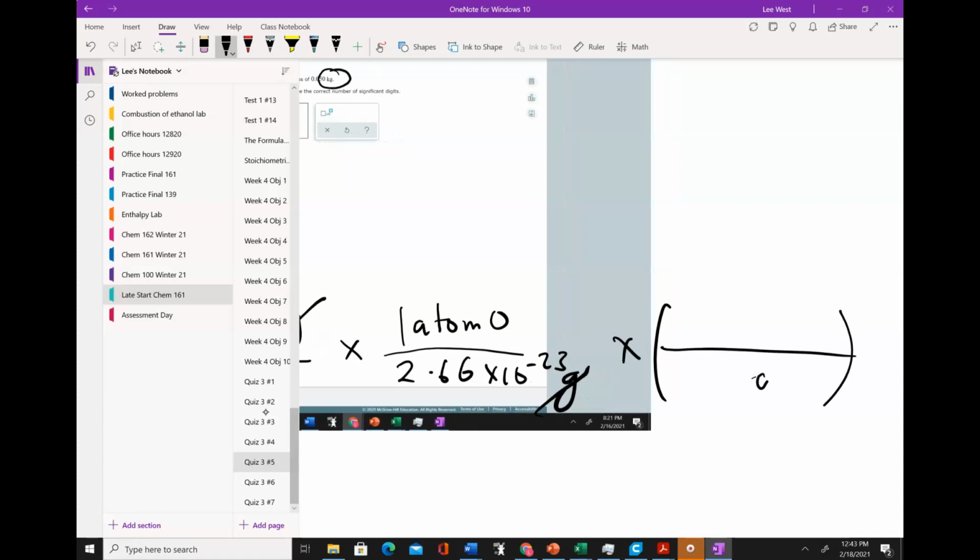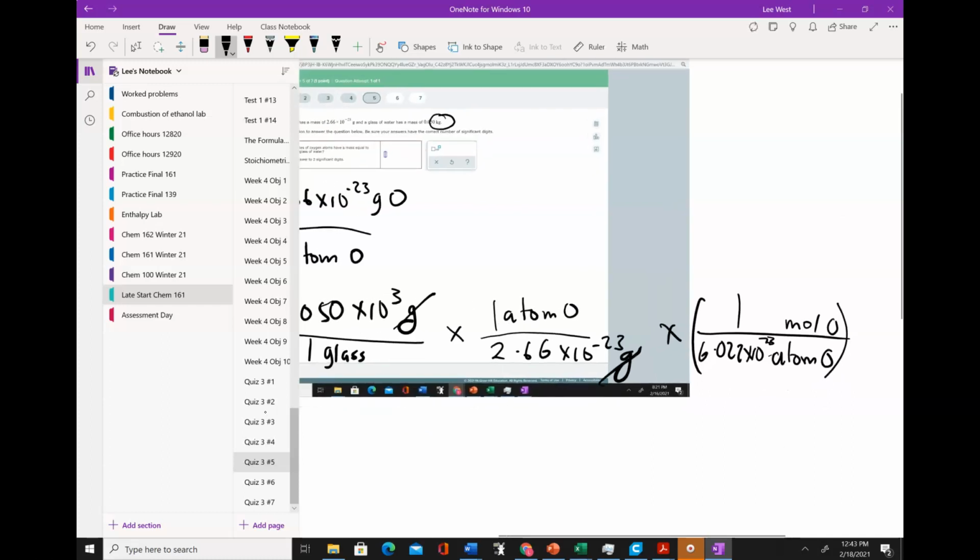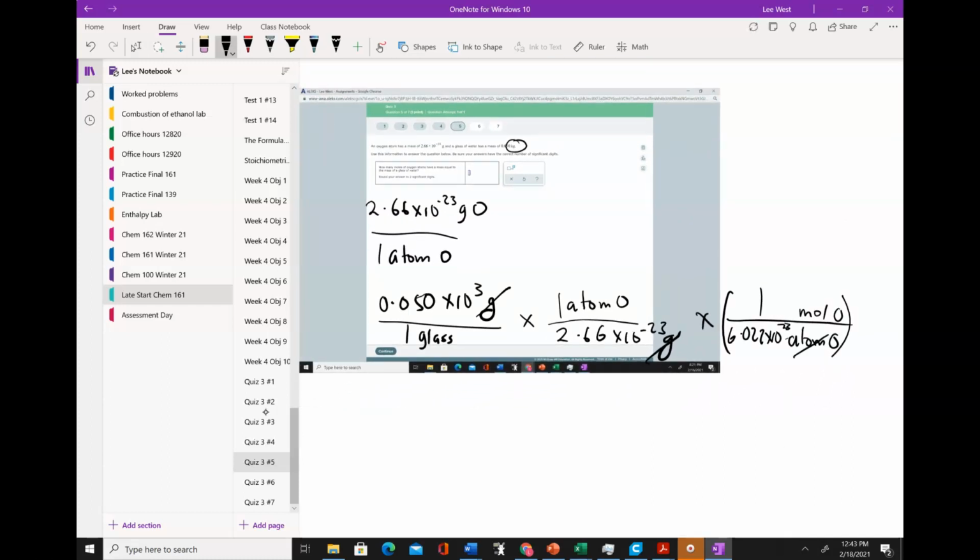So I need atoms of oxygen on the bottom, and I need moles on the top, and I know that in 1 mole of oxygen there are 6.02 by 10 to the 23 atoms. So that's going to do it, isn't it? Right, there we go. And then we're going to be left with mole of oxygen for every 1 glass.